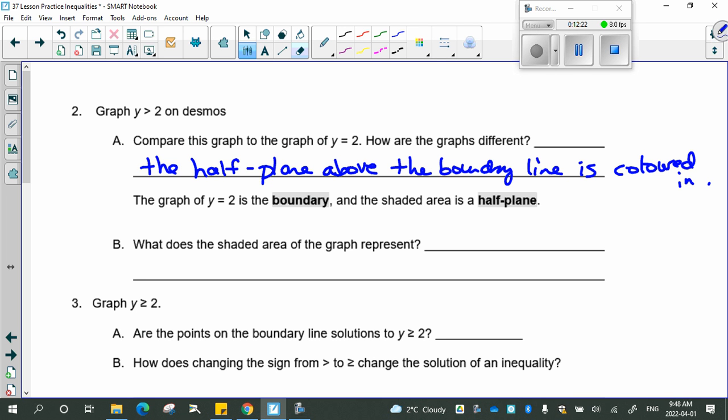The graph y equals 2 is the boundary and the shaded area is a half plane. So the line y equals 2 is a boundary and the shaded area is called a half plane.